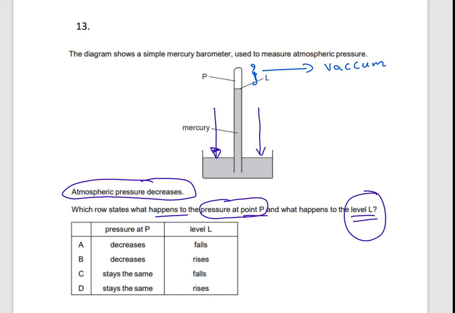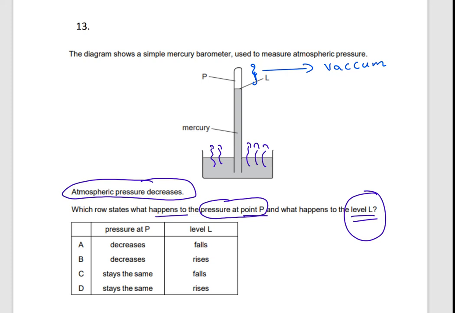This is the atmospheric pressure, pushing it downwards. Now, as that pressure decreases, you can expect the level to rise here because the pressure that was pushing it down has decreased, so the level of the mercury would increase.